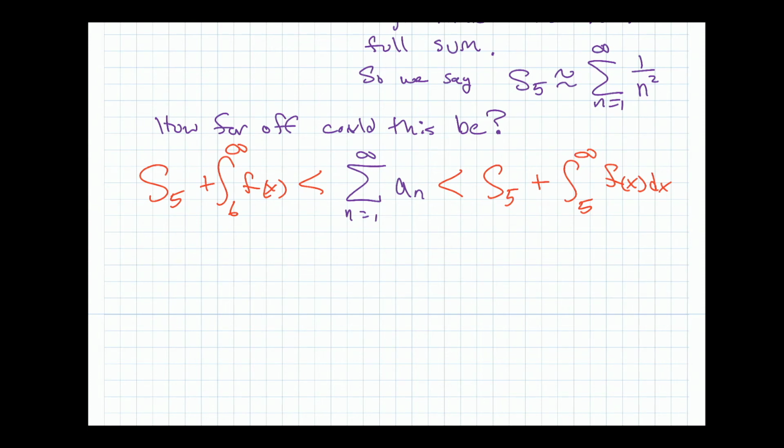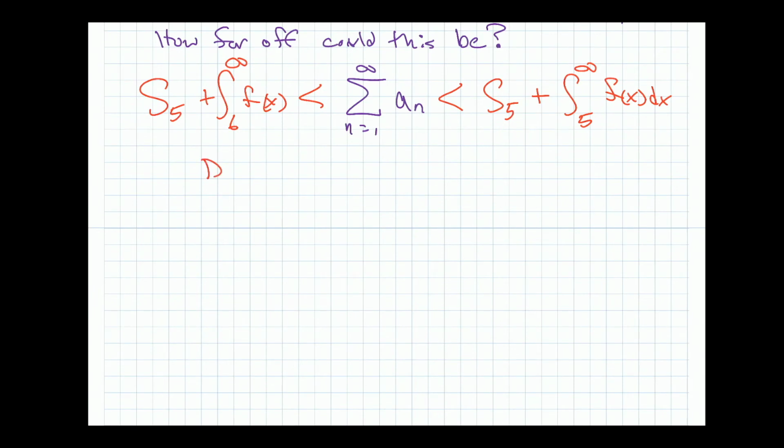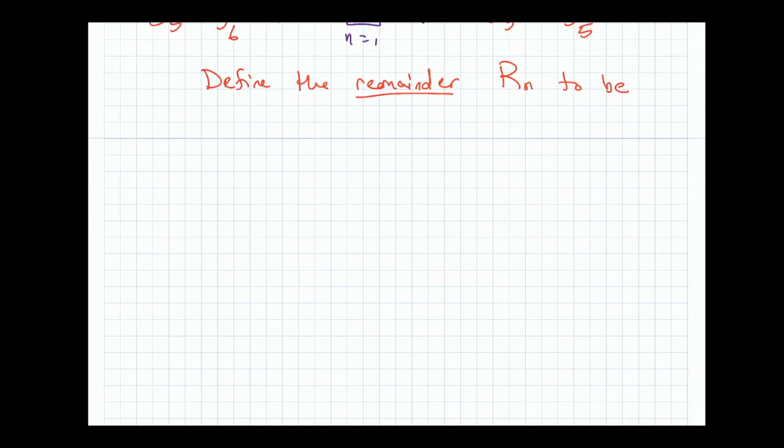And so what you can do is say, well, what's the error then? If you define the remainder, what we call the remainder, that's why I'm giving you a name, Rn, to be the sum from 1 to infinity of an minus Sn.